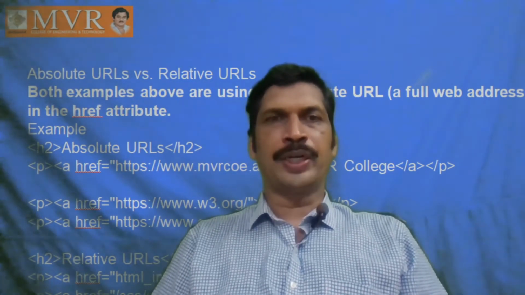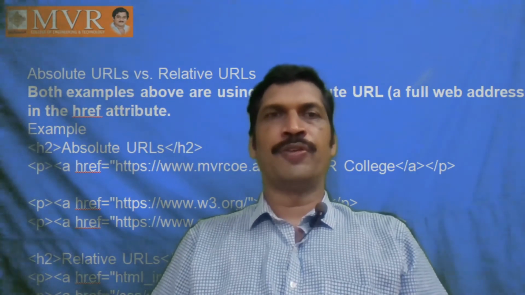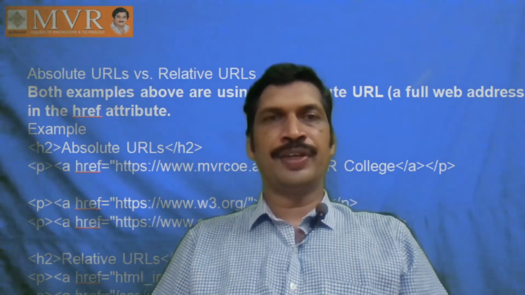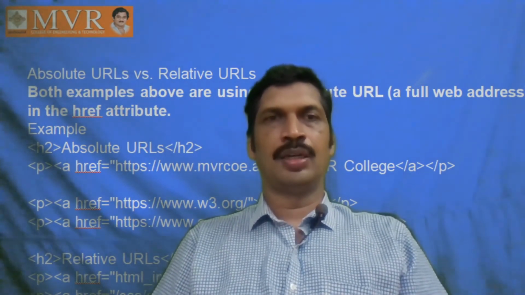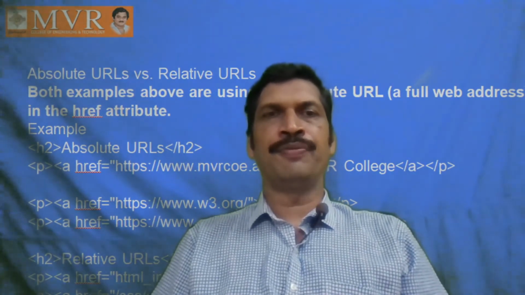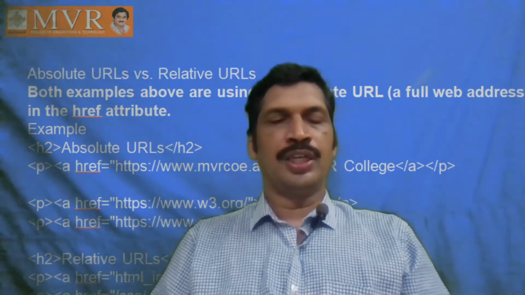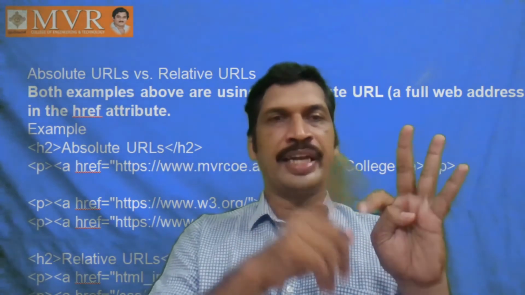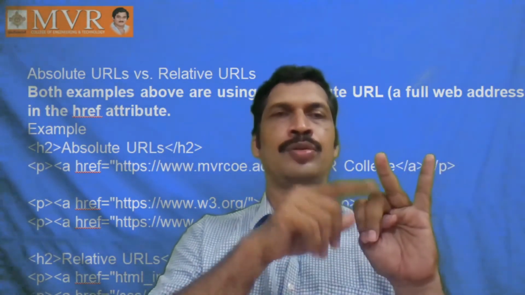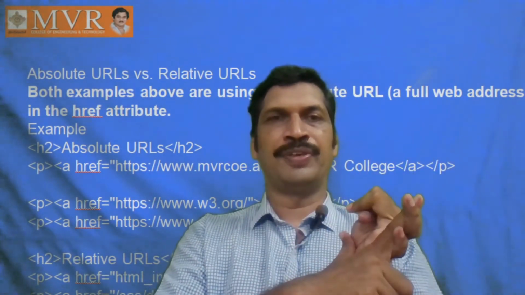What is an absolute path and what is a relative path? Absolute path means, suppose one file is there, the name of the file is mvr.html. The location of mvr.html is in the D drive: there is one folder, dir1, and in dir1 another folder, dir2, and in the dir2 folder the mvr.html file is there.